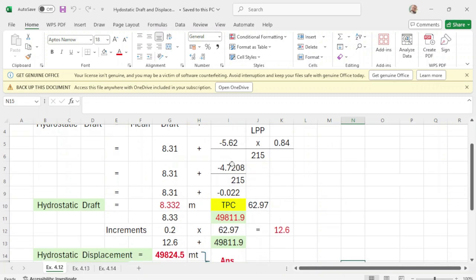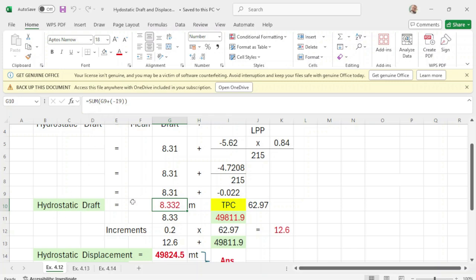This is an algebraic equation. So when you apply the sign with positive, this will be the result: 8.31 plus negative 0.02. This is the equation guys. That will be equal to sum of open, which is G9.